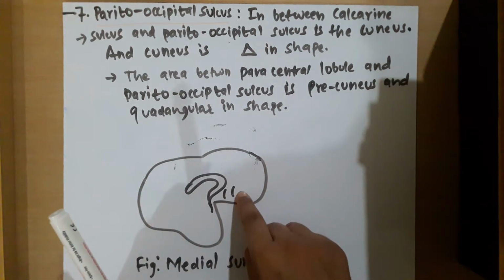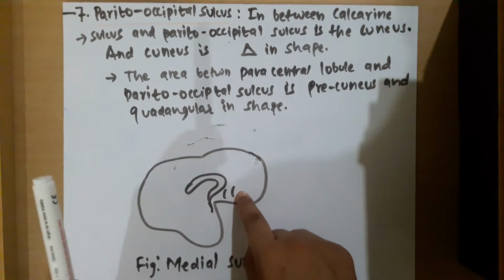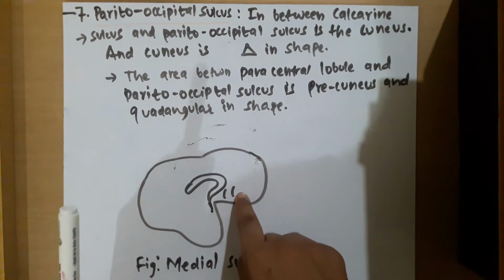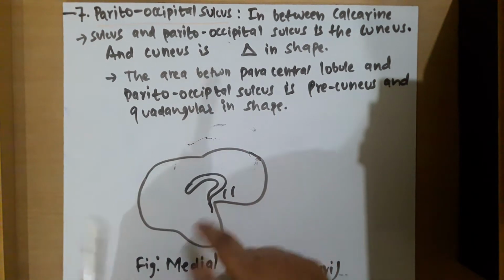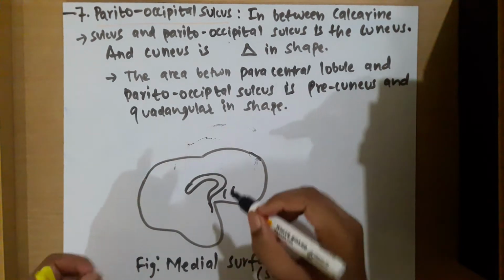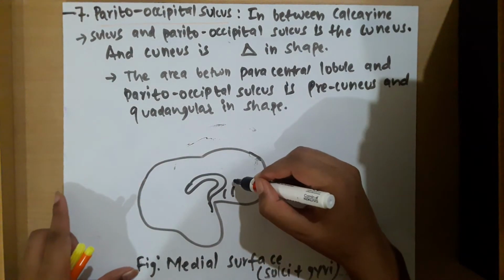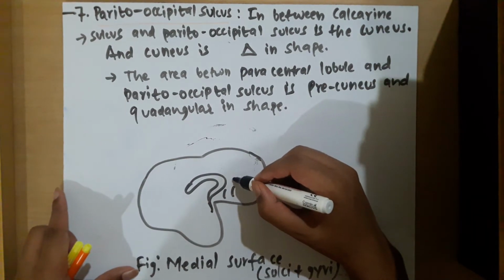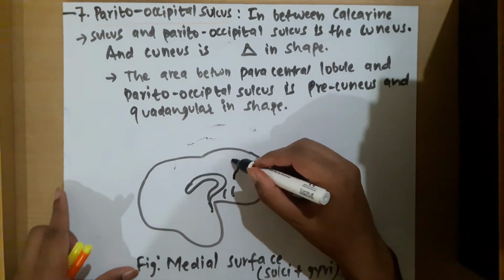This is the anterior paraolfactory sulcus and this is the posterior paraolfactory sulcus. Then we have, in front of the genu running above the corpus callosum, the cingulate sulcus.